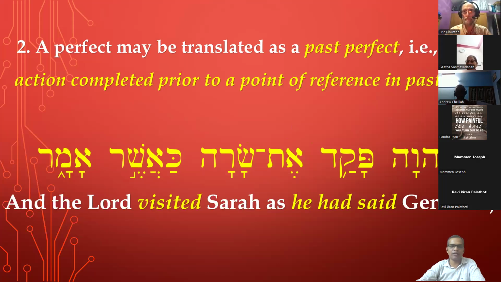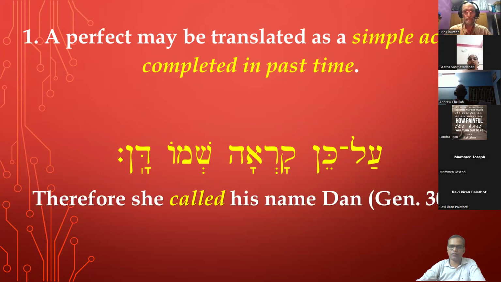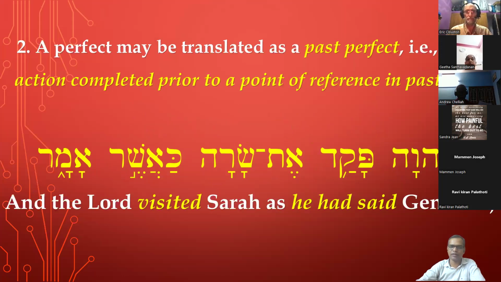This is the second way a perfect conjugation can be translated. But most of the time it will be translated as a simple action completed in the past. Apart from this, the second way is past perfect, action completed prior to a point of reference in the past.